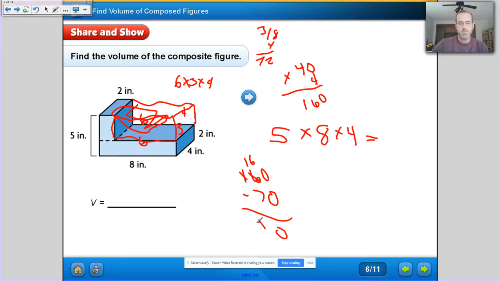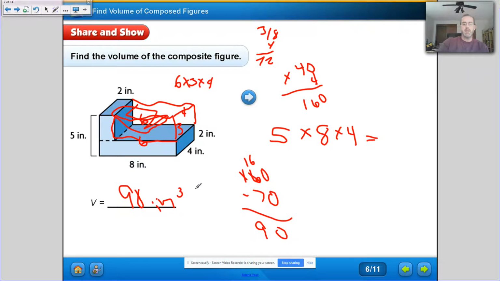So we know that's 16 minus 7 is 9. And so our total volume of the piece that's left after we subtract this is 90, right? Inches. We're measuring in inches cubed.